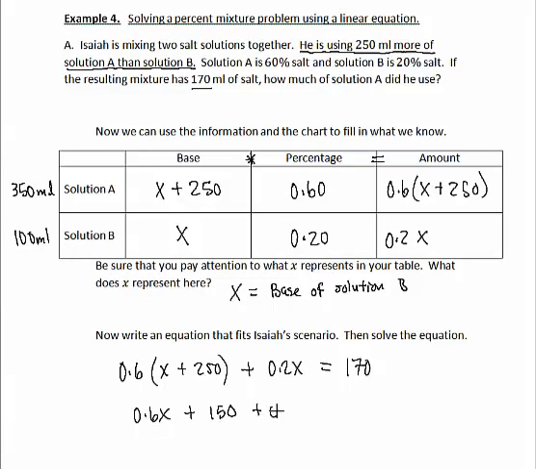And then we have plus 0.2x equals 170. Combine the like terms. Here's an x term. There's an x term. 0.6 plus 0.2 would give us 0.8. And now we would subtract 150 from each side.